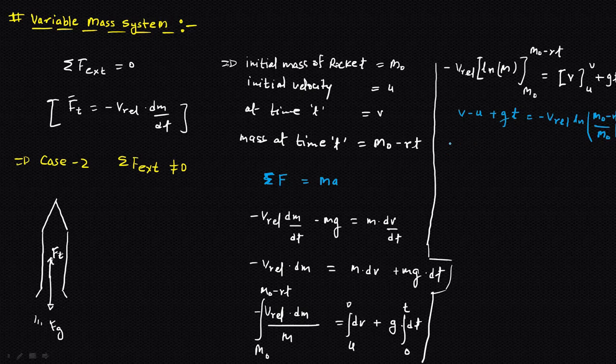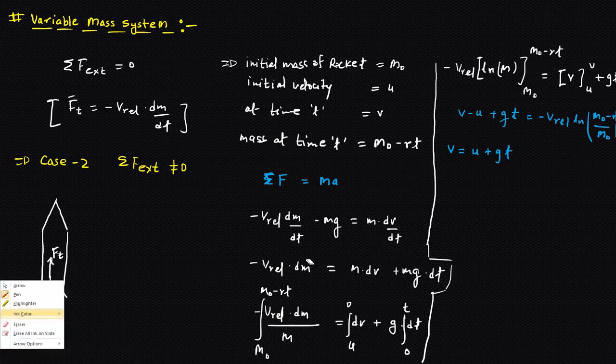So V, when we take it to the right side, is equal to u minus gt.